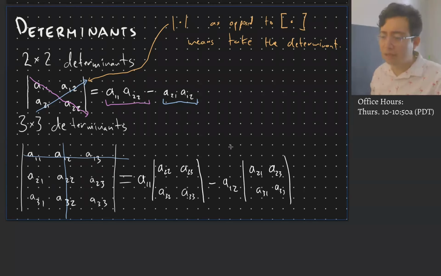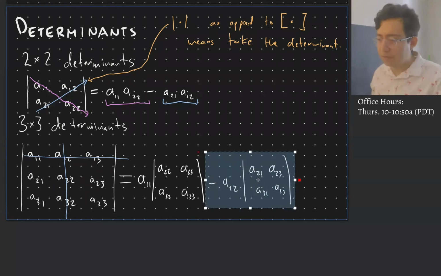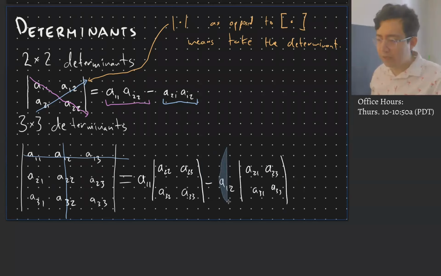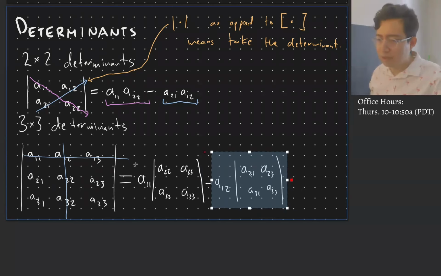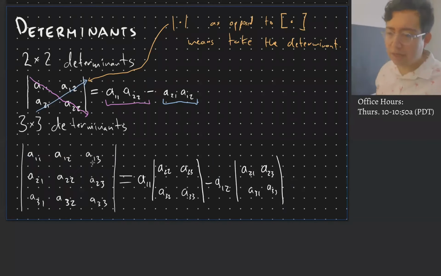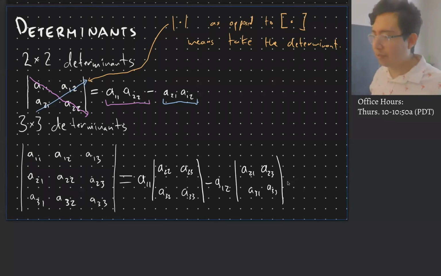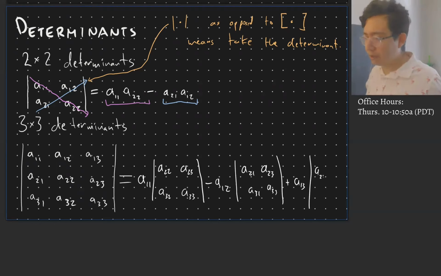But then we move this over here. Again, forget these got deleted, and now we delete the first row and the last column here, and we get plus A13 times the determinant of these last four here: A21, A22, A31, A32.